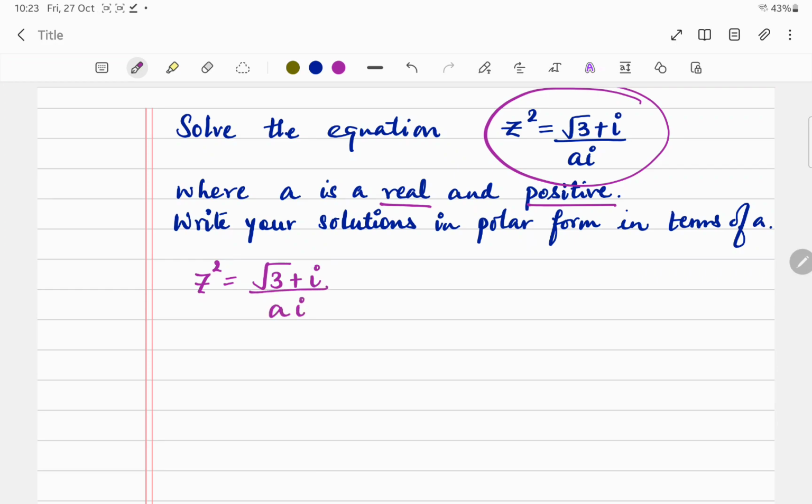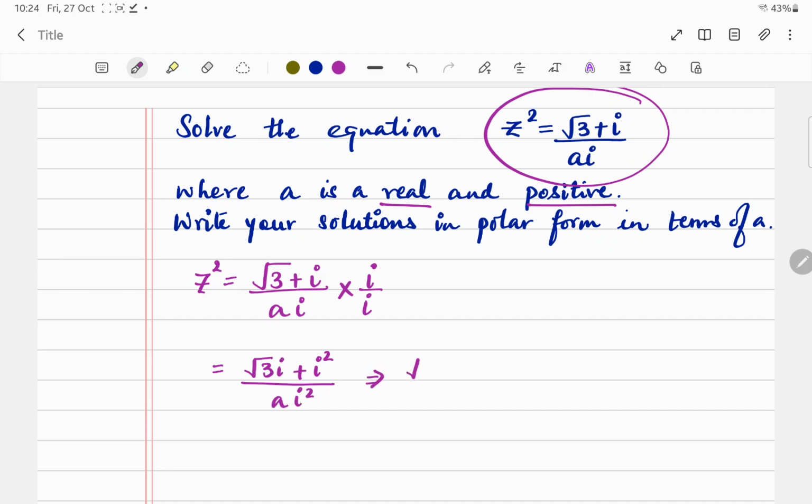Now, because i is in the denominator, I would like to rationalize it first. So when I rationalize, I just multiply and divide by i. So I am now with root 3 i plus i squared over A i squared.